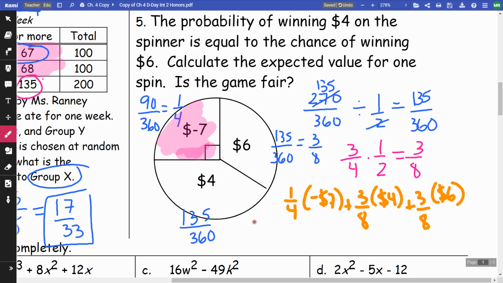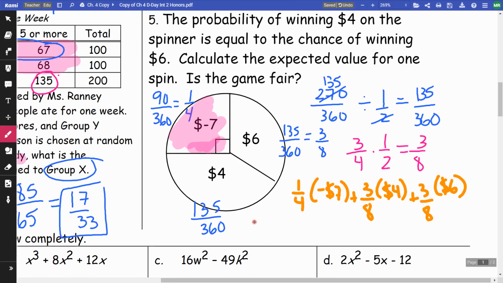And I'm going to put that in my calculator. And when I put that in my calculator, I end up getting as an answer $2. So that's my expected value. That's what I'm expected to win on average, kind of per game.